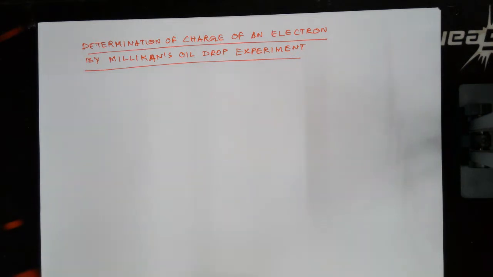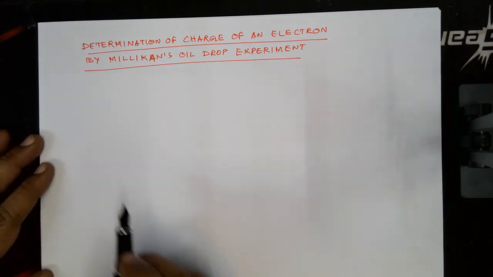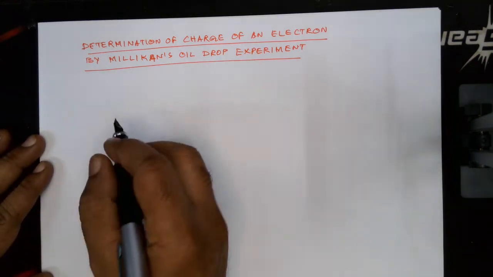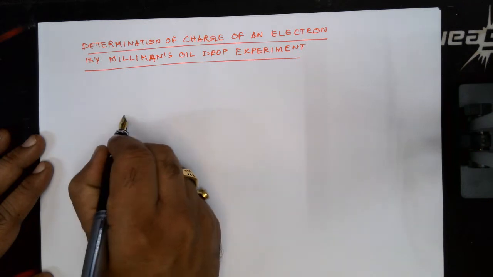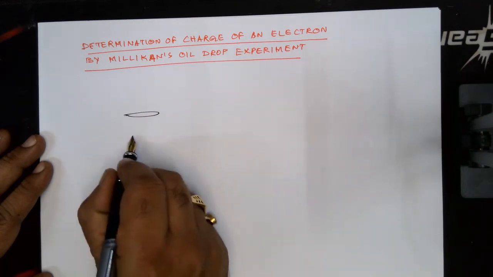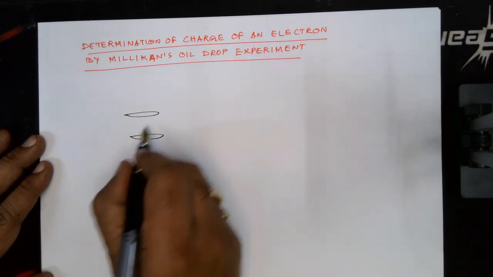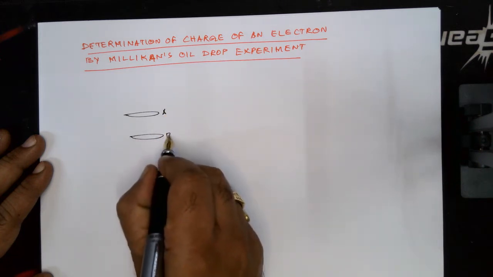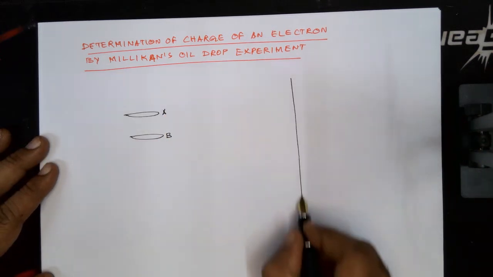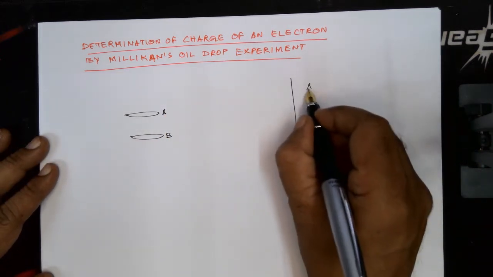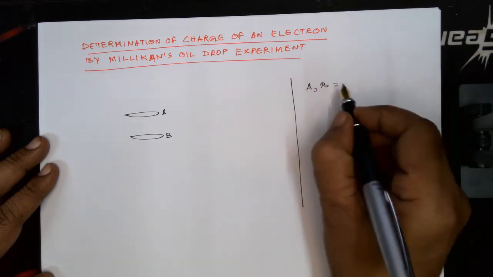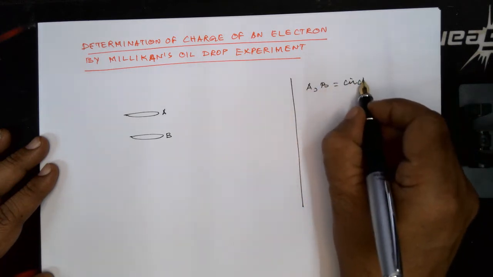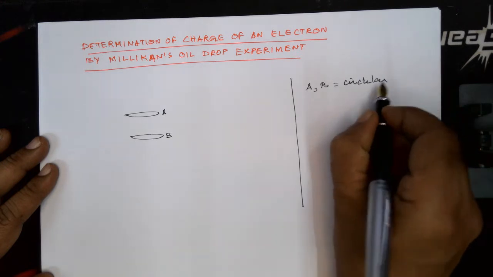This apparatus consists of two horizontal circular plates A and B. A and B are circular plates.